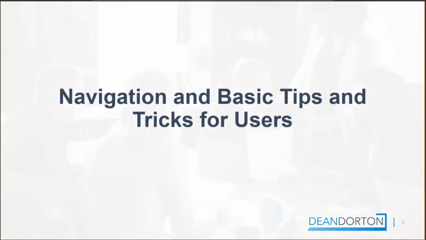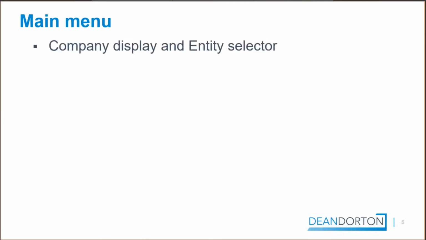Okay, so jumping into some of the navigation and basics for tips and tricks. This is going to be more related to the individual user. The first bit we'll go into here will be the main menu. This is where you're going to see your company displayed and the logo.